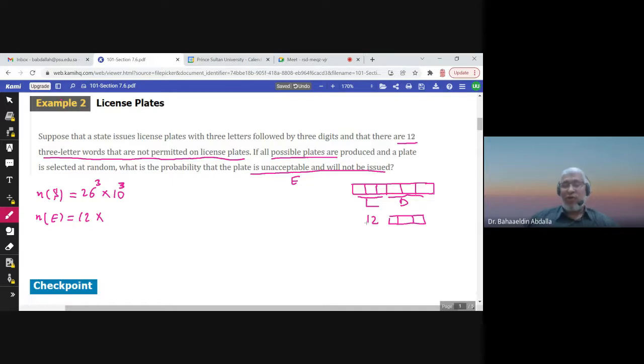These 12 words will not be permitted. So times 10 to the power 3. So these are the plates that are unacceptable: 12 words times any digits. So probability of E would be 12 times 10 to the power 3 over 26 to the power 3 times 10 to the power 3, or just 12 over 26 to the power 3.